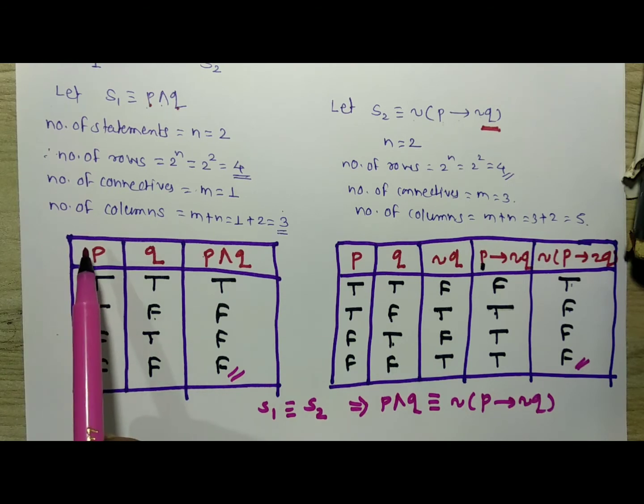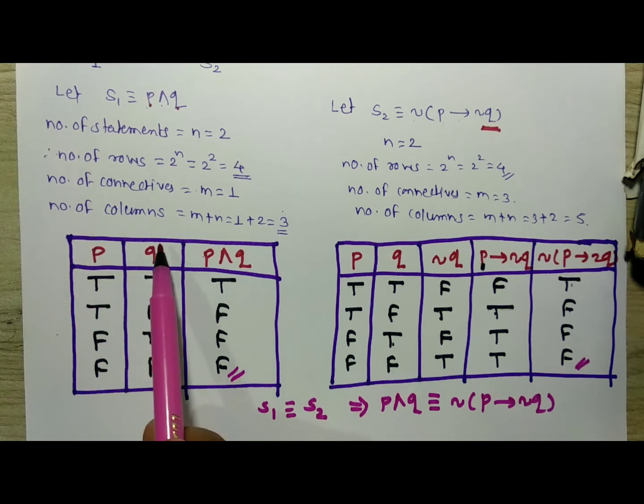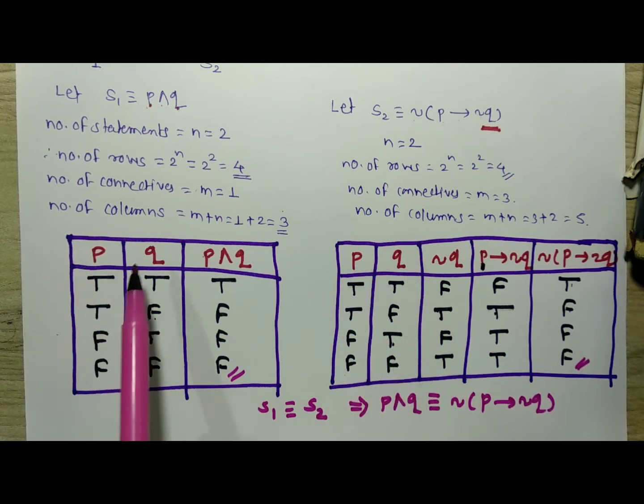Right now here is the column of P, and here is the column of Q. That means these two columns are repeated in both truth tables, and therefore first of all we have to neglect those repeated columns in both truth tables.